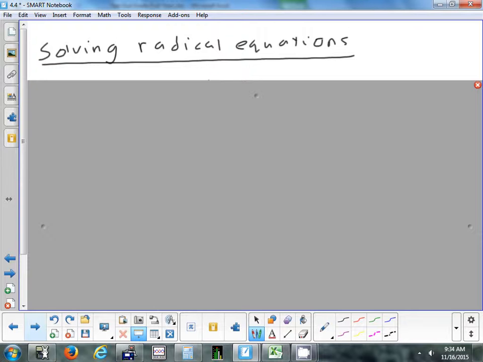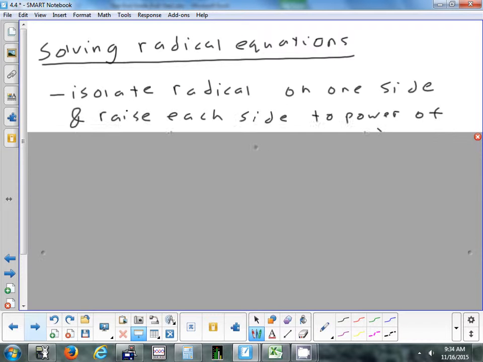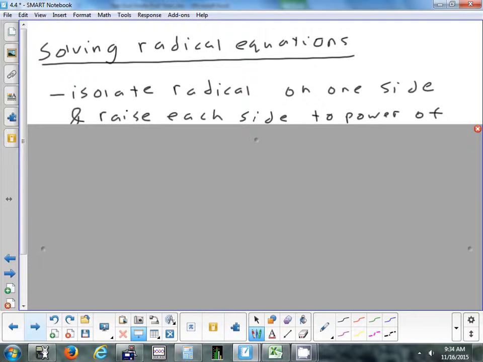And last thing, okay, so solving equations. For this part, I don't think you'll need the graphing calculator. Anytime you want to solve a radical equation, the goal is to get the radical by itself. Okay, if you had this, that's a problem where the radical is not by itself.